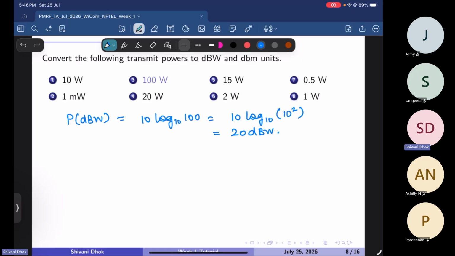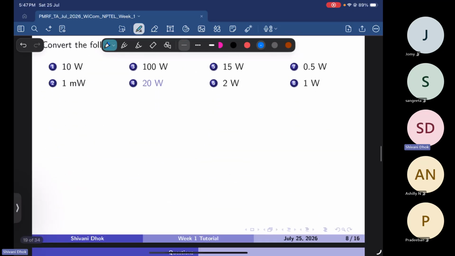Your phone transmits in milliwatts. And in dBm, this is 20 plus 30, that is 50 dBm. Similarly, when you have 20 watts, this is 10 log to the base 10, 20.